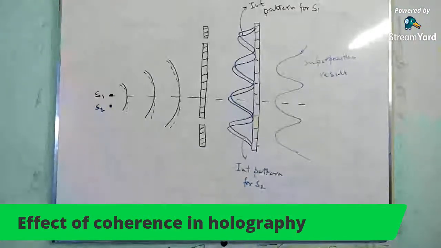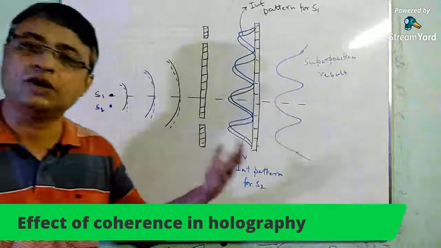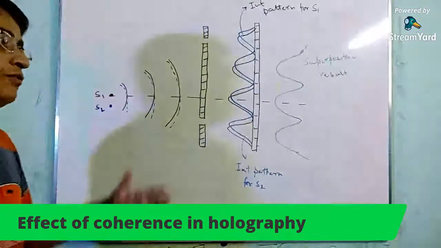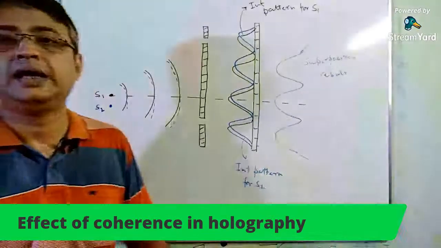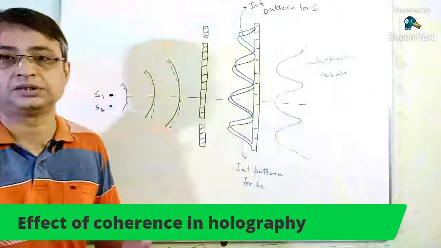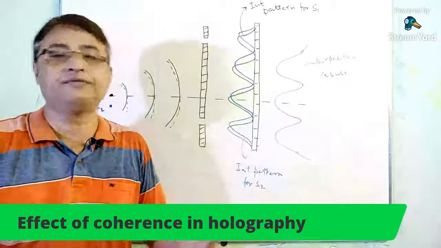In the first figure, while showing the interference pattern for a temporal coherent object, we found that the superposition results in a resultant wave in which the higher order terms decrease very fast.